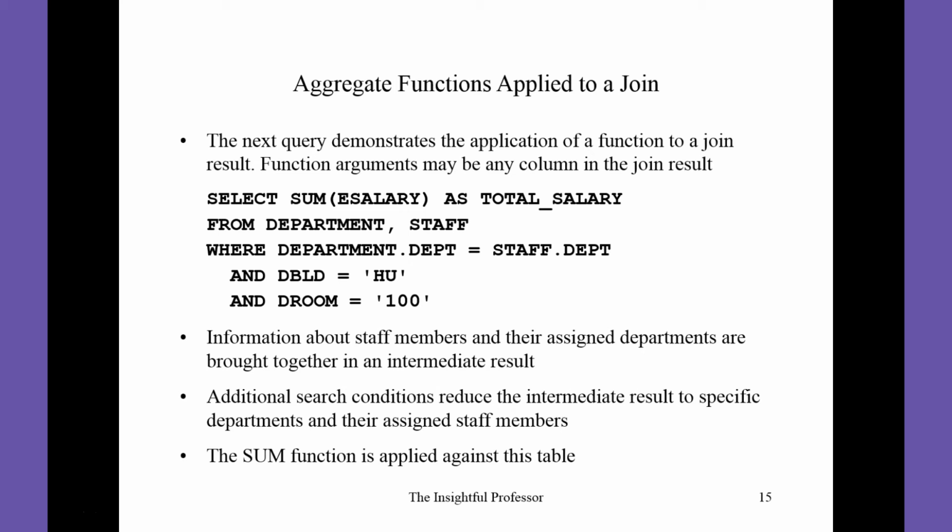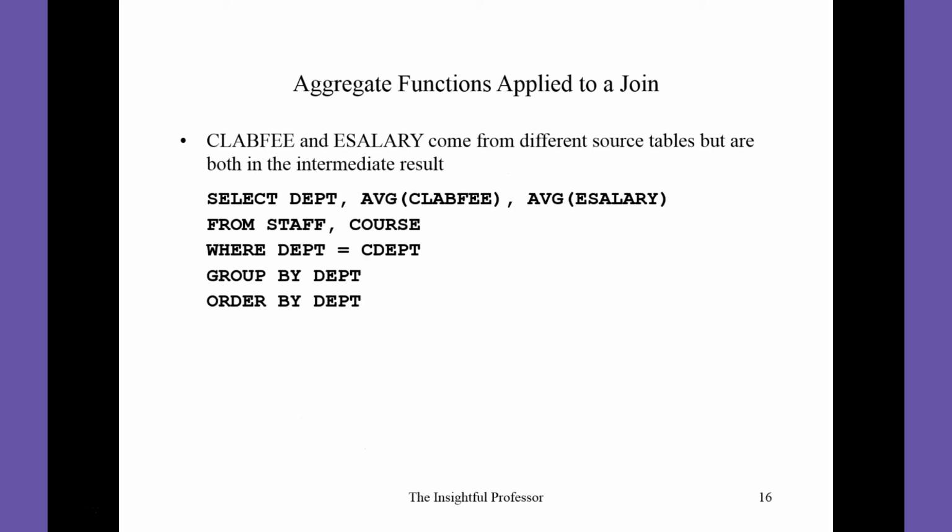And here we have to find out which employees work in the humanities building, specifically room 100. Once we've identified those employees, we then proceed to total up the salary of all of these employees. Perhaps this is a budget-related type of request that's being performed here.